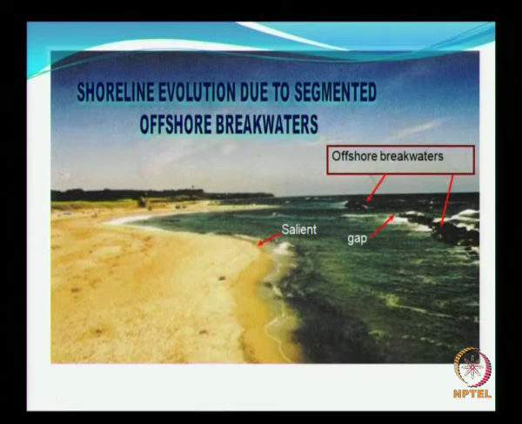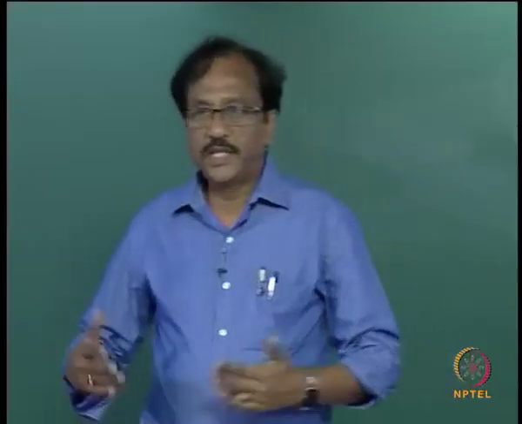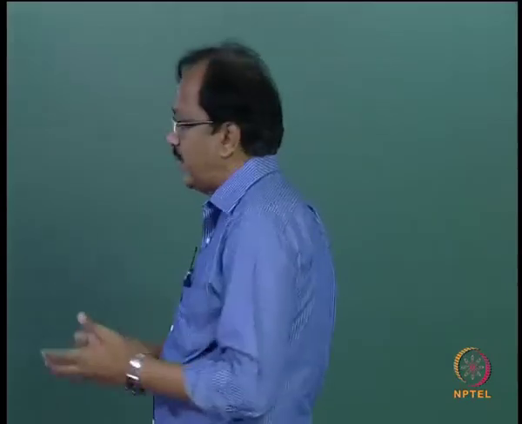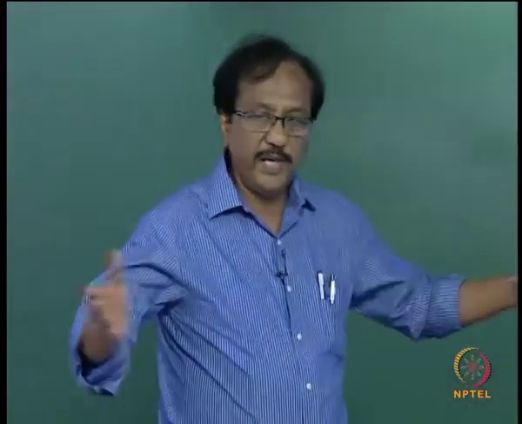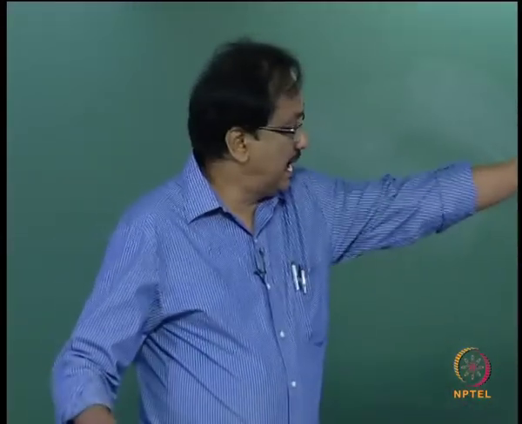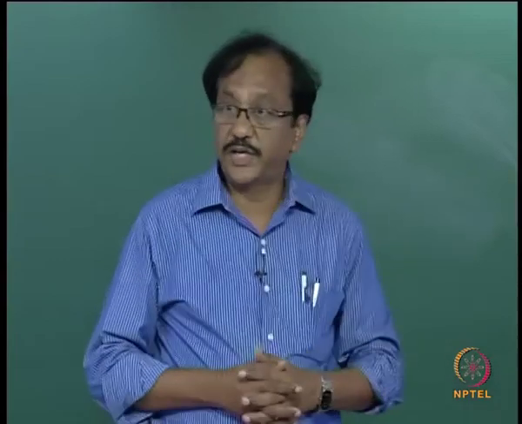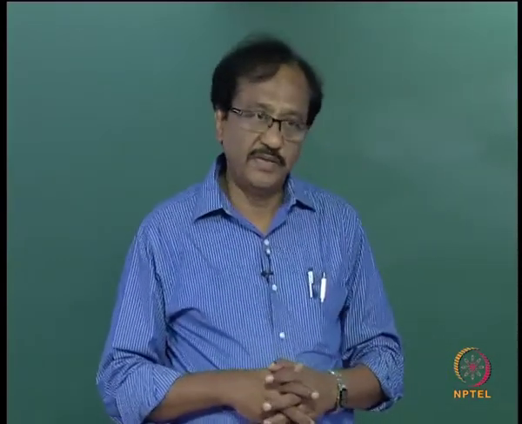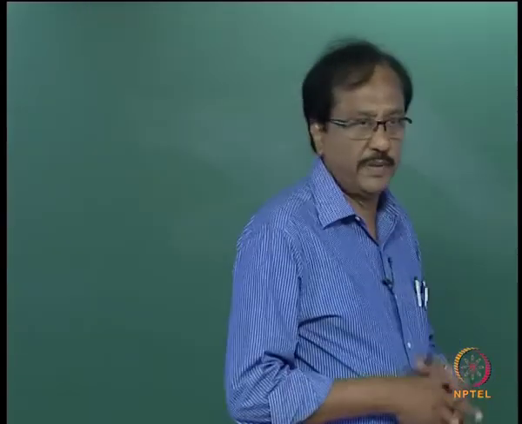Now, the present situation I do not know, this is quite an old picture. So again you have to be careful in rehabilitating the offshore breakwater. These days, instead of rubble mound, you can also think of having geotubes, long geotubes separated by distance, to replace those offshore detached breakwaters, and that can serve as a good protection measure.